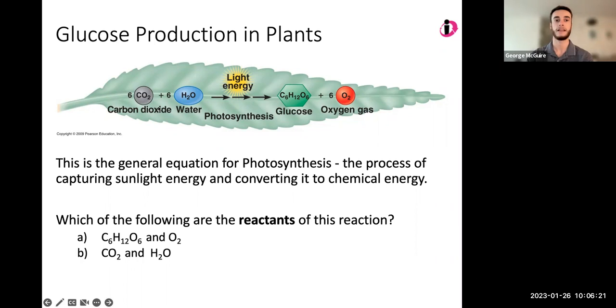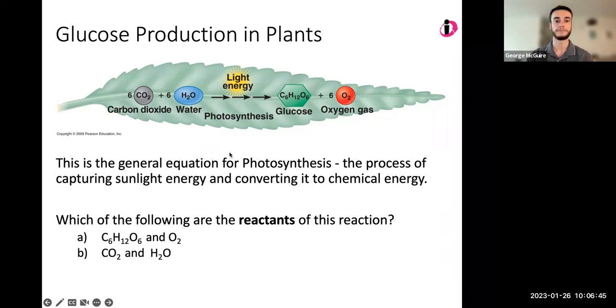Then, using the kinetic energy from the sun, using light energy captured in the chloroplasts, they can combine carbons from each of these carbon dioxides to form a glucose, C6H12O6. As a byproduct of this process, they will be producing oxygen, which is the waste product for plants, which will be released back into the environment.